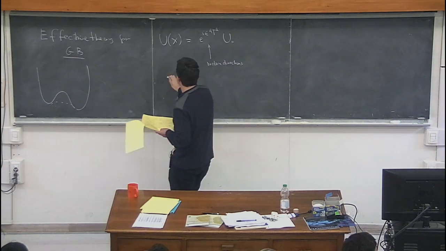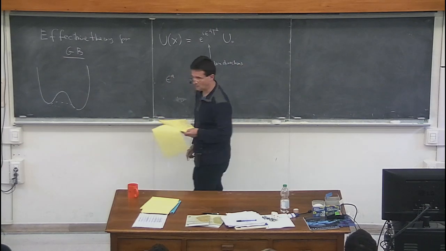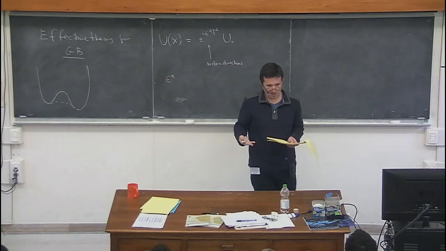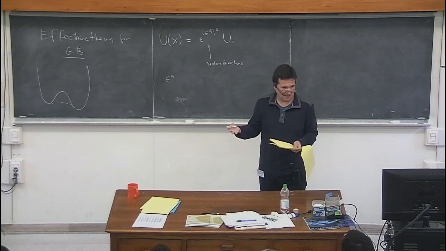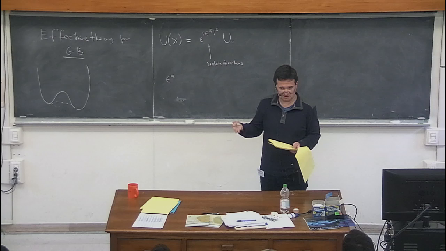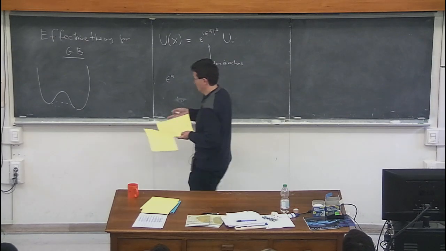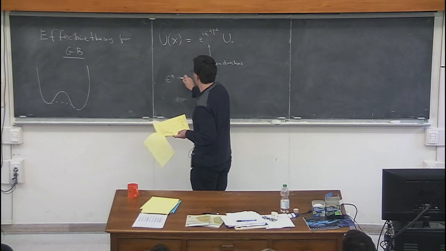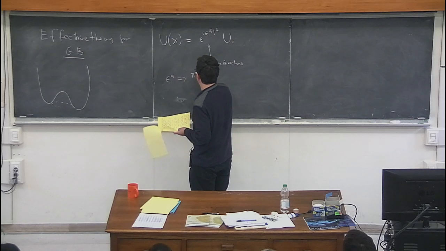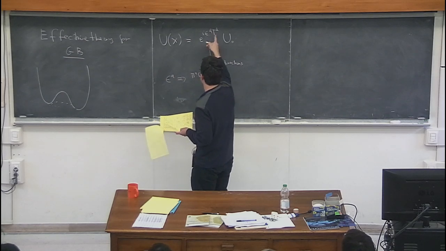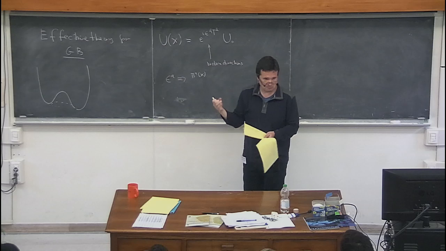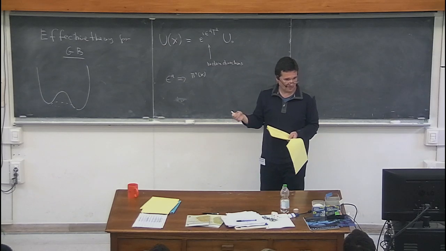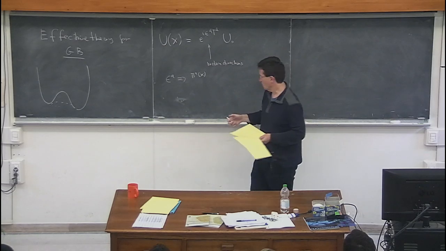And these epsilons, these transformation parameters, are now going to be promoted to be literally the fields that are parameterizing the motion along the valley. So those will be promoted to the pion fields. So this is how, out of just an ordinary global transformation, we are going to get the Goldstone field.